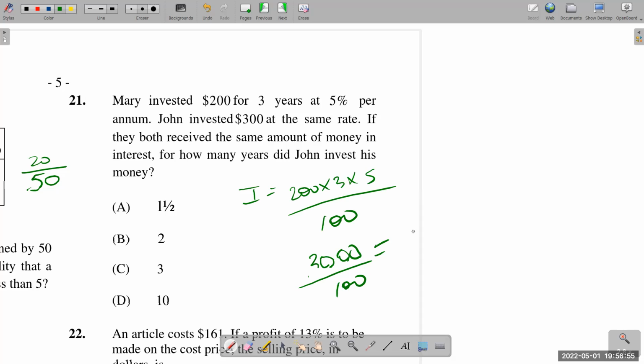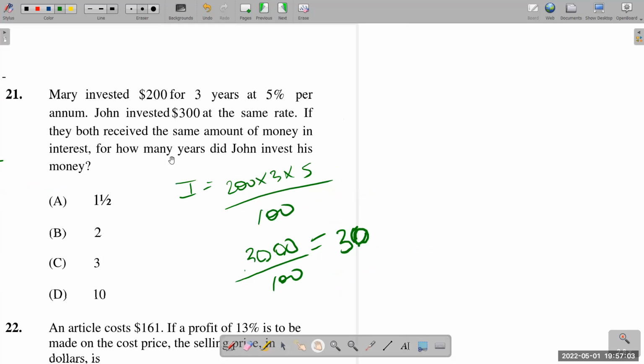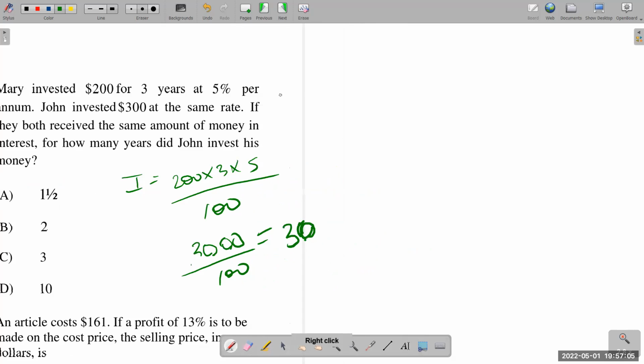So the interest he received was $30. So we need to use this value and calculate what? The years. So we know time is equal to simple interest times 100 over principal times rate.